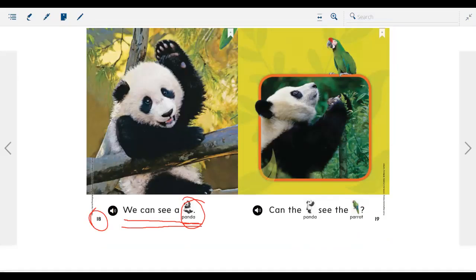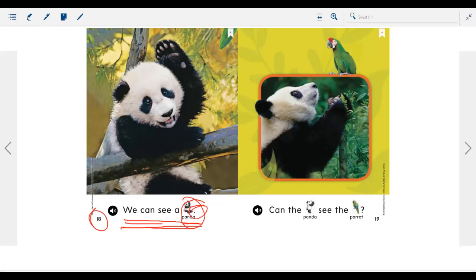So when we're reading, we want to always read fluidly. We don't want to stop until the end of the sentence. Do you see the period here? So when there's a period, that means to pause, take a break. So we stop when we see that period. Let's try it.